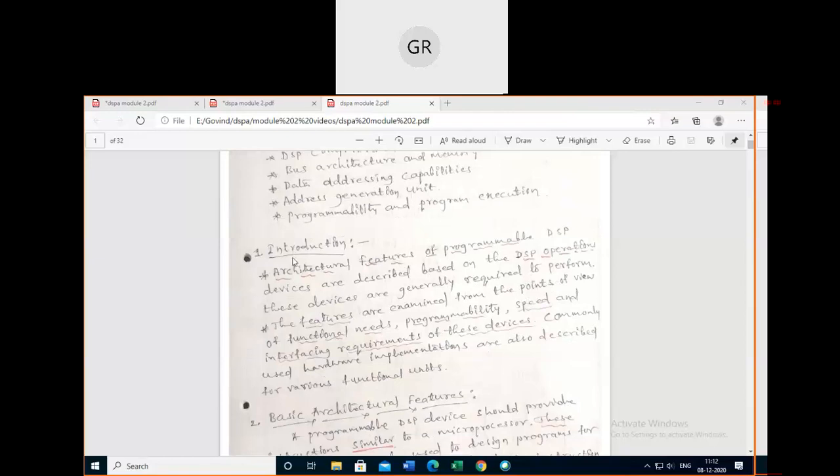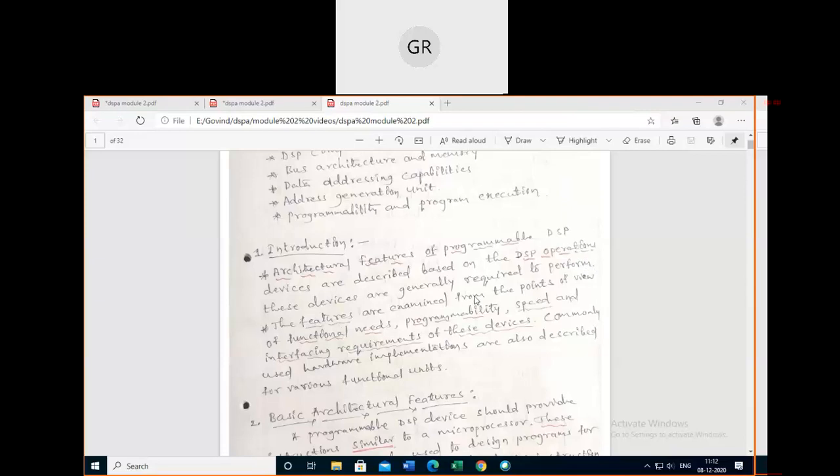Okay, here first we will discuss the introduction. Architecture features of programmable DSP devices are described based on the DSP operations. These devices are generally required to perform the above DSP operations.